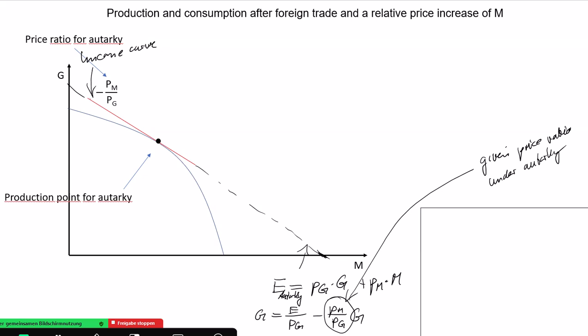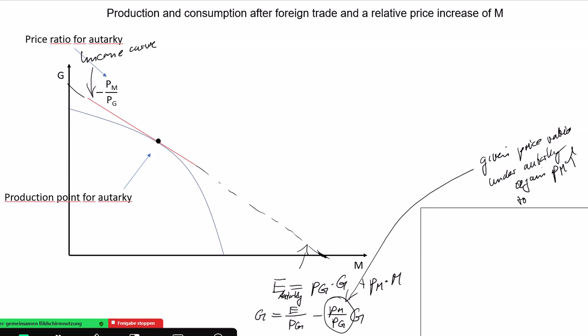So, and what have we now assumed? Now we have assumed that, again, price of machinery should increase. Which curve is then changing in this diagram?